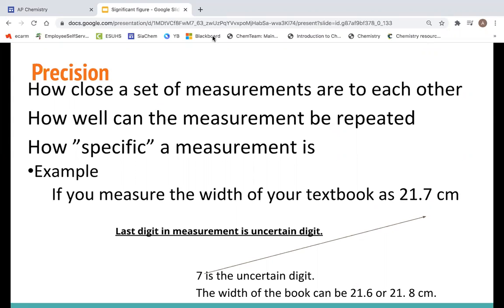Now, if your darts are all over the place, you have to practice a lot more because you don't know how to aim, right? For example, 21.7 centimeters is your textbook width, and that 7 is the uncertain digit because your textbook could be either 21.6 or 21.8 centimeters, or it could be another number. So it's 21 point something.